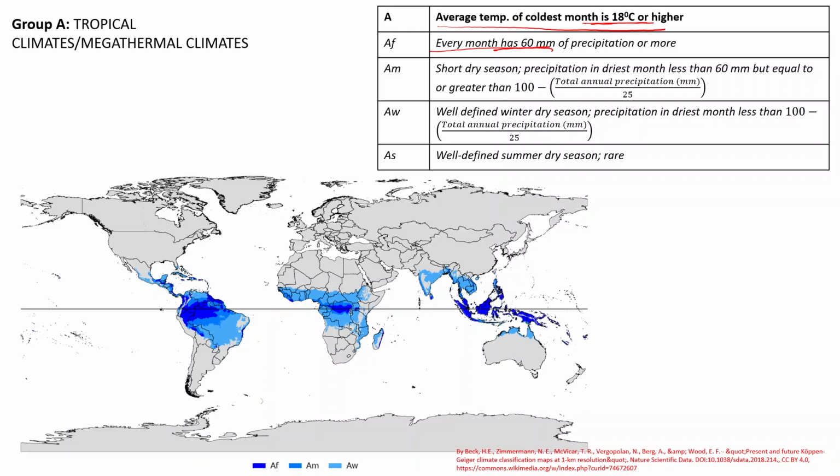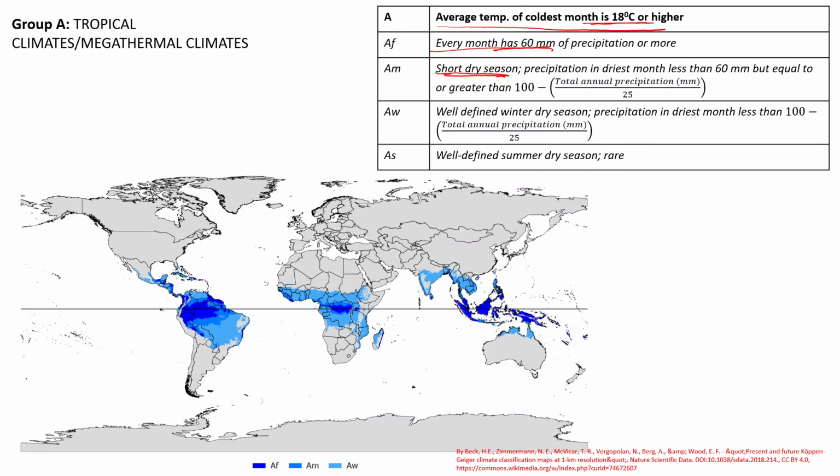Then Am was the monsoonal type of climate. So it has a very short dry season, and precipitation in the driest month is less than 60 mm. So normally the precipitation is more than 60 millimeters, but in the month which is most dry, the precipitation shall be less than 60 millimeters, but equal to or greater than 100 minus total annual precipitation in millimeters divided by 25.